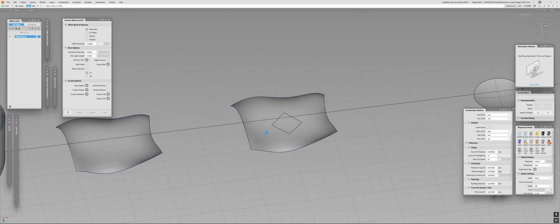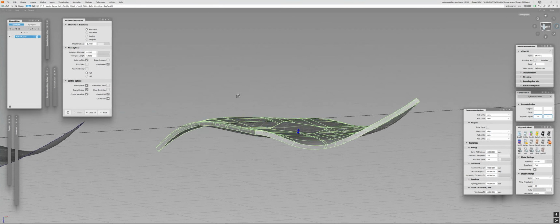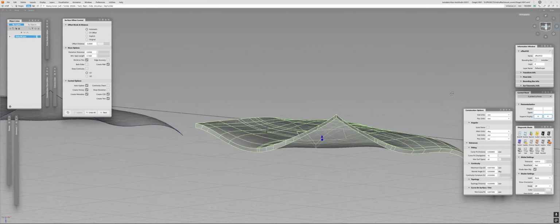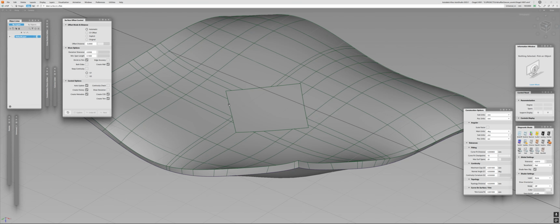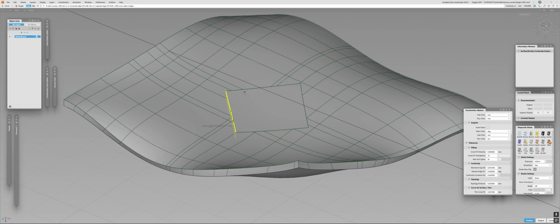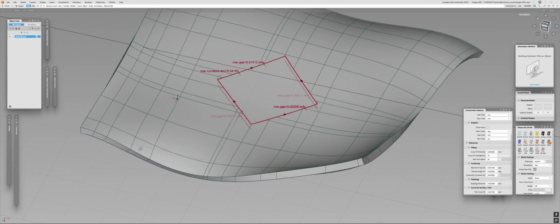So let me just select this. Wait, of course. Yeah, that's painful, I know. Okay. So it kind of makes it in the other direction, but whatever, doesn't matter. Well, we still have our gaps.